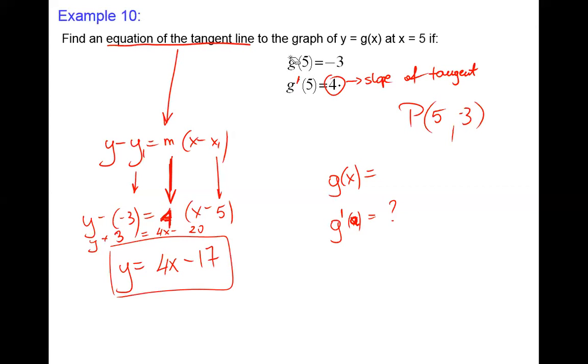If g at 5 is -3, that's the point. But g prime is giving you, okay, no, it's good. Maybe it's me not understanding. Yes, they are different because they have different meaning. We will jump to section 2.2. This is the function. This is the derivative.